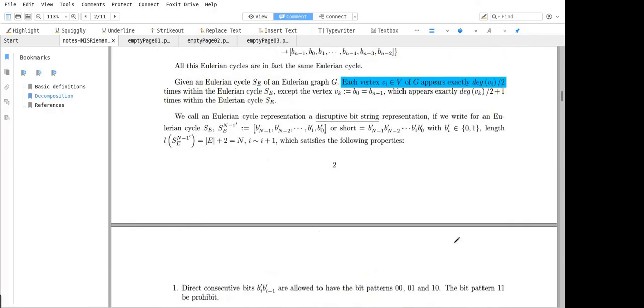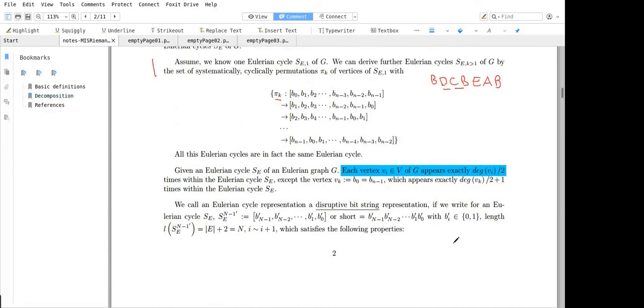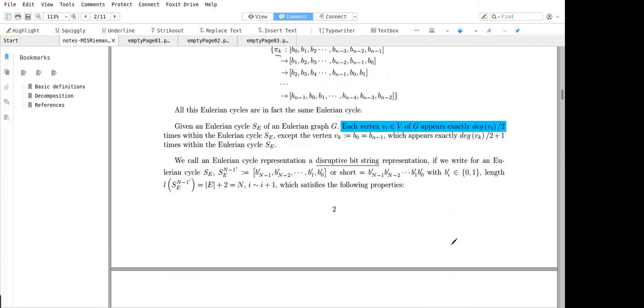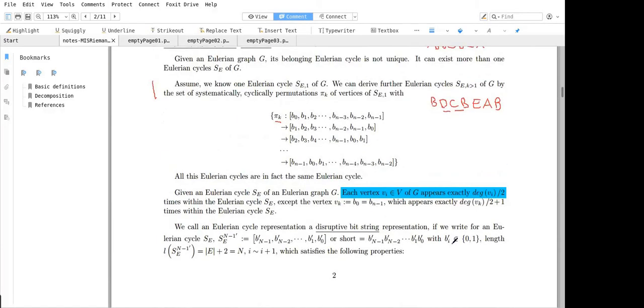Finally, we want to look at what we call the disruptive bitstring representation. In this representation, we do a bit different kind of writing of the same graph.